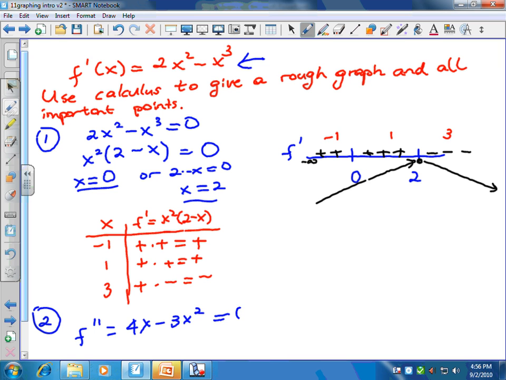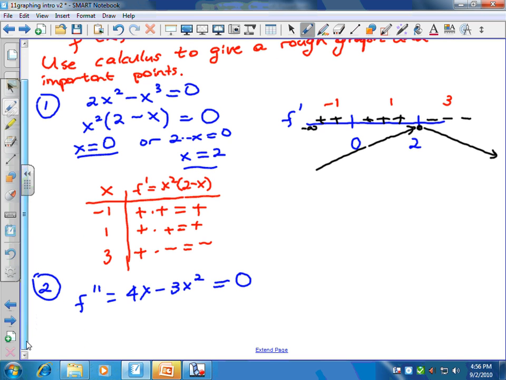And now we set f double prime equal to 0 and solve for x. Once again, we have two values. Here it is going to be 4/3. And we put those on the number line.